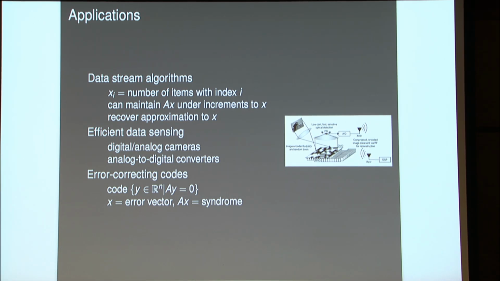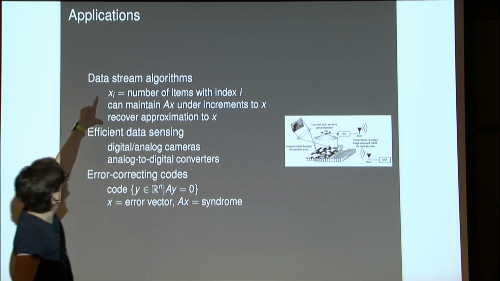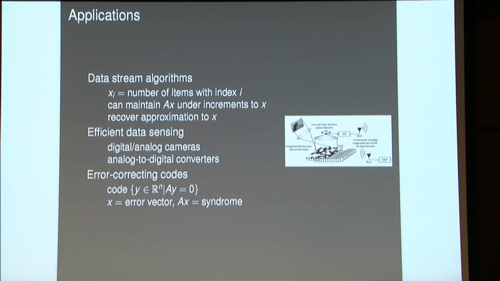A digital application arose in a field of algorithms called data stream algorithms, where the vector x was recording the number of items with index i that appeared in a stream of updates. In particular, I used to work for the phone company, and we used to process call detail records, 350 million, a lot, every day.